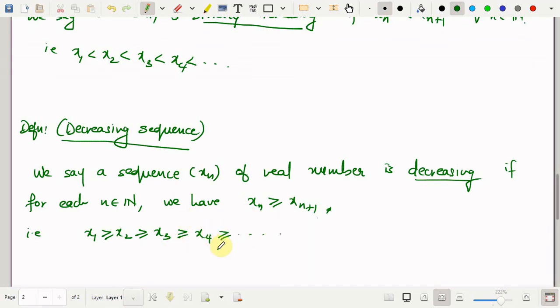So it's exactly the reverse way, and so you can see that this sequence is in fact bounded from the upper side, because if I start writing from here, x4 is less than or equal to x3, which is less than or equal to x2, which is less than or equal to x1, and here this is x5, and this side it goes on.